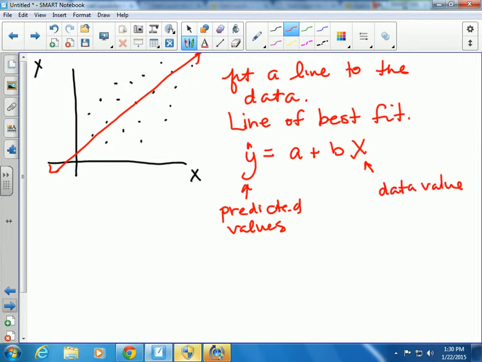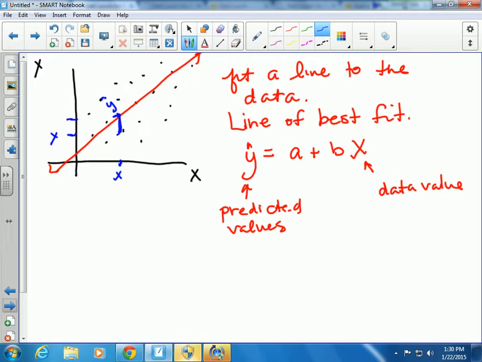Okay, so I need to explain graphically what's going on. I'm going to switch my color here to blue, and I'm going to take this point right here. That point right there has a coordinate of X and a coordinate of Y. I can't get right on it with my monitor. My monitor is awesome, but not that awesome. The point that's actually on the line, that point is y hat.